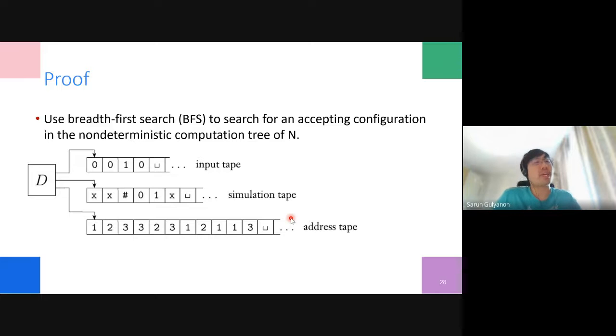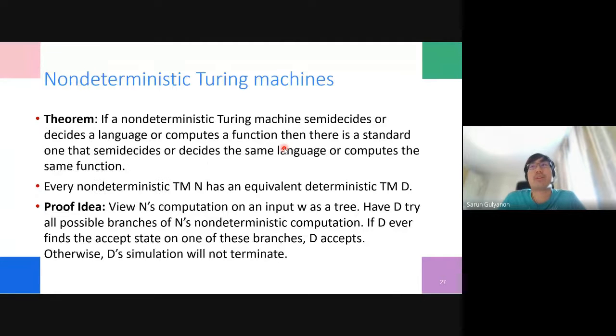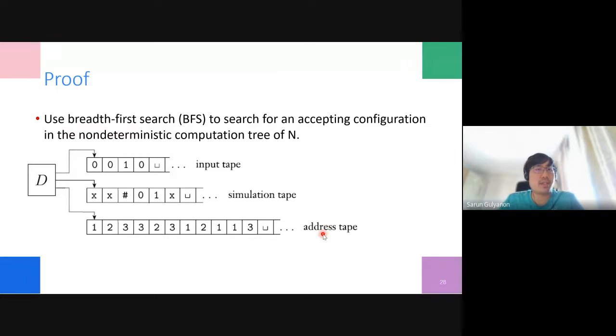If we can do that, then we can just perform the search on the non-deterministic computation tree, and then we finish the proof, that we can build a deterministic Turing machine that performs the same computation. So let's move on to how we can show that.